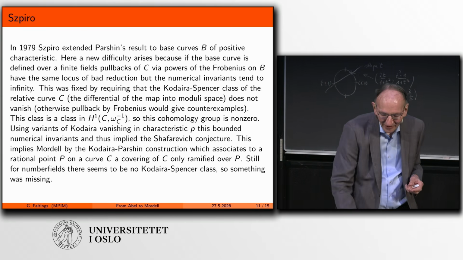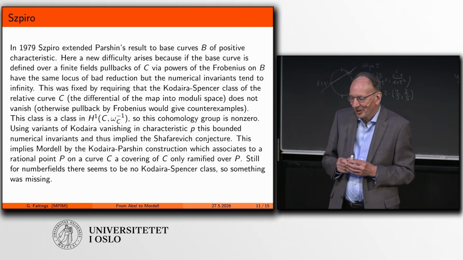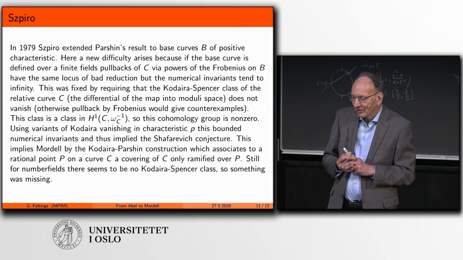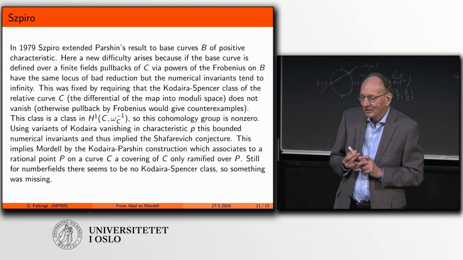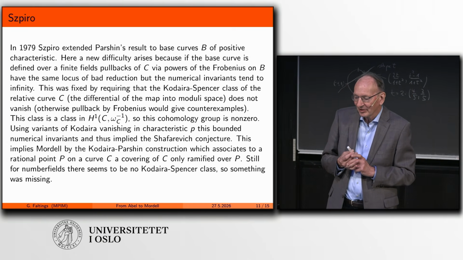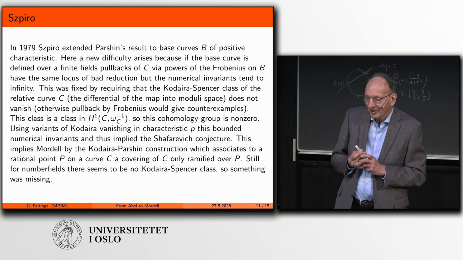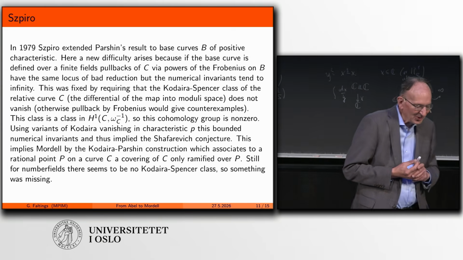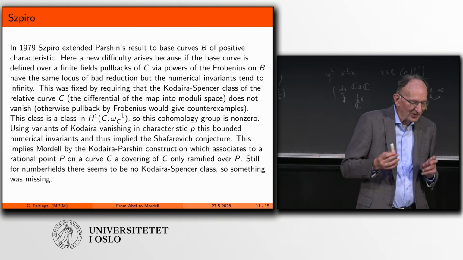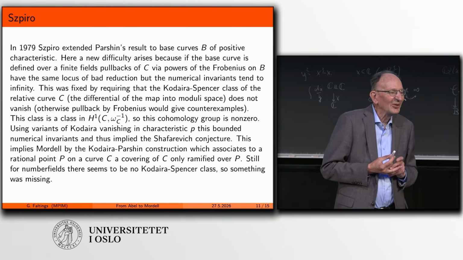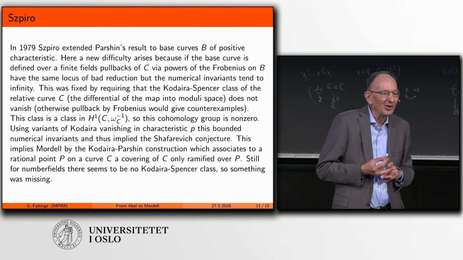And then I had the good luck to meet Szpiro, who was a friend of my advisor, Neukirch, and he tried to extend Parshin's result to curves of positive characteristic. Well, if you are in positive characteristic, then Mordell cannot be true, because usually if you have a curve you can apply Frobenius, and this gives you infinitely many points.